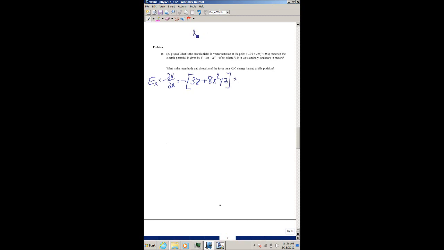I'm taking X equals 0, Y equal 2, and Z equal 1. That comes from this information. And so that gives me negative 3.